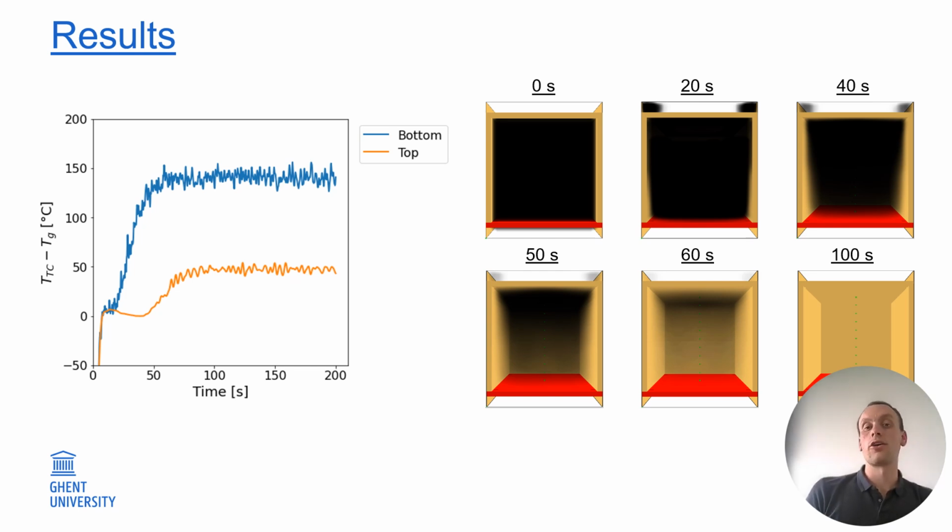And this phase takes longer when you're closer to the ceiling, which makes sense because the environment near the ceiling remains in this optically thick state, thick smoke layer, for a longer period of time. So this is a very clear indication that when you're measuring with your thermocouple in the smoke layer, you're actually measuring the true gas temperature.